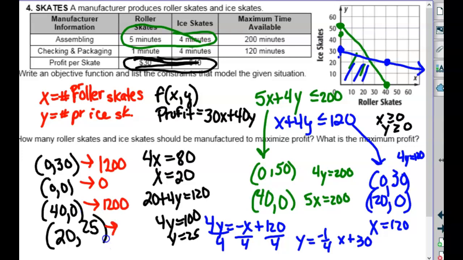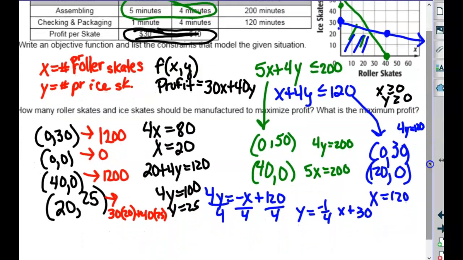Okay. 20, 25 would be 30 times 20 plus 40 times 25. 2,200 is my guess. So that's probably wrong. Oh, yeah, I can't add. I got that now. Okay, 1,600.